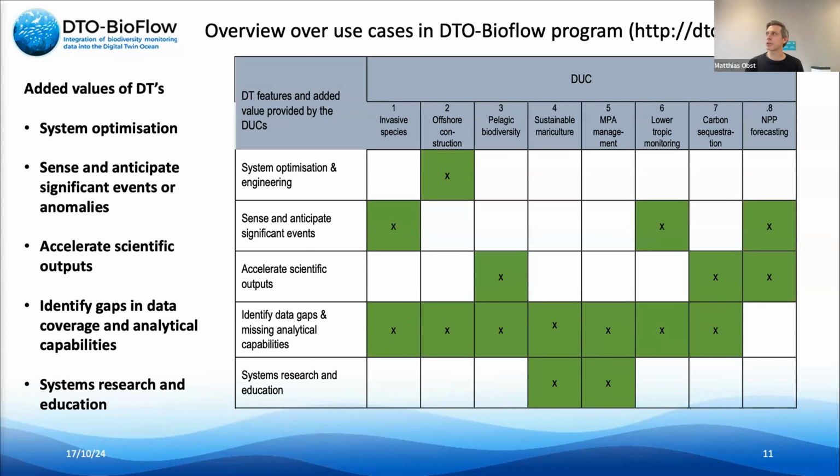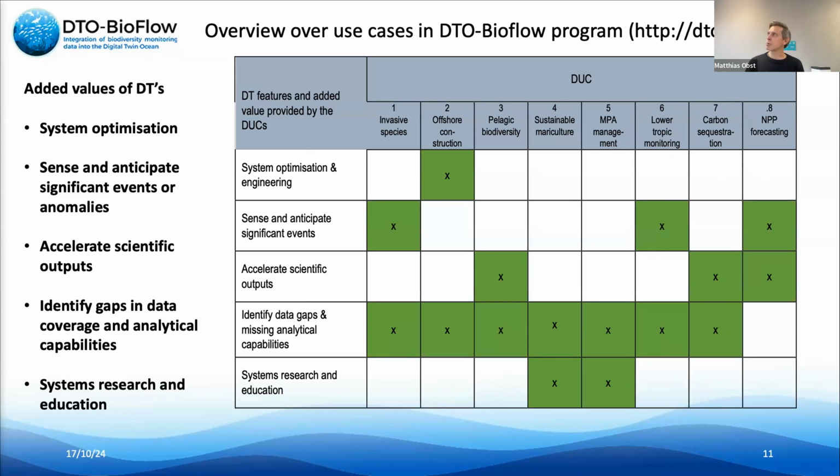And only when you have achieved that, then the other ones become more powerful. But then, of course, the last one is systems understanding, systems research. Let's say emergent properties and non-linear interactions between system components. For that, you can also use a digital twin, and it's very complicated to do it without it.